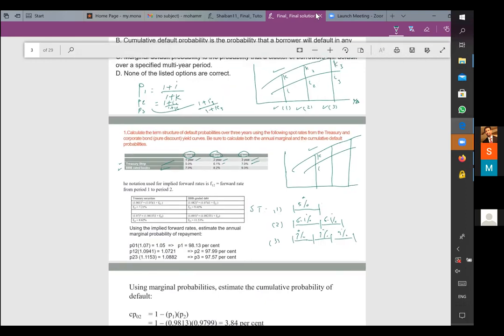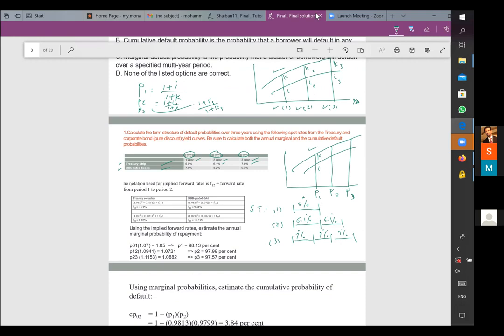The point is, if we want to calculate the probability, we have to calculate the accurate forecasted probability of payments for year 1, year 2, and year 3, in order to get the cumulative probability of defaulting over 3 years.